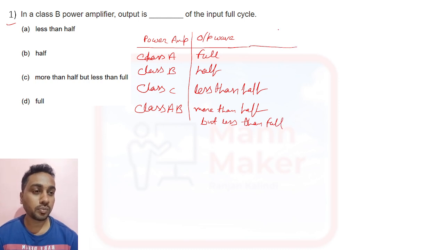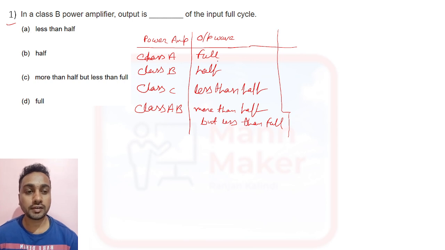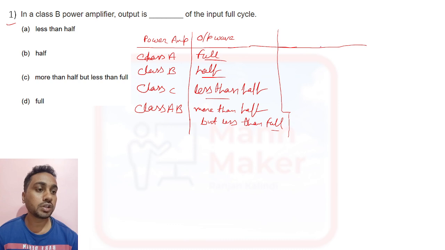These four points you need to remember, anything they can ask in the exam. In class A, full output comes for an input cycle, in class B half waveform will come, in class C less than half waveform, and in class AB more than half but less than full waveform will come.